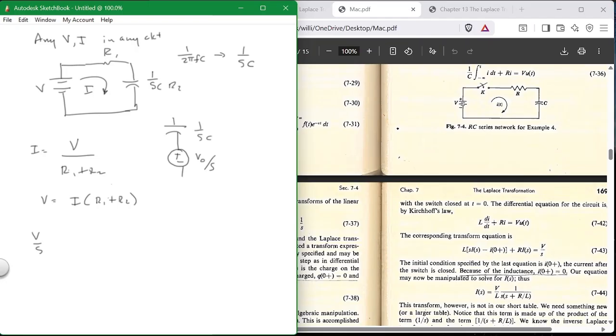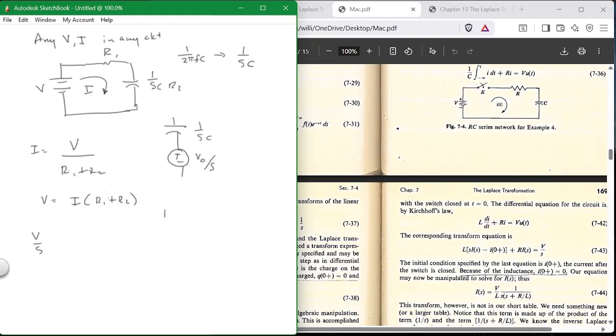What's new about this? That initial condition, isn't it? You got to stick that in if it's there, and that throws a curveball in the circuit sometimes because you can't combine things as nicely if there is V0 or I0. If there's no initial condition, you can combine these real nicely by using the parallel rule.